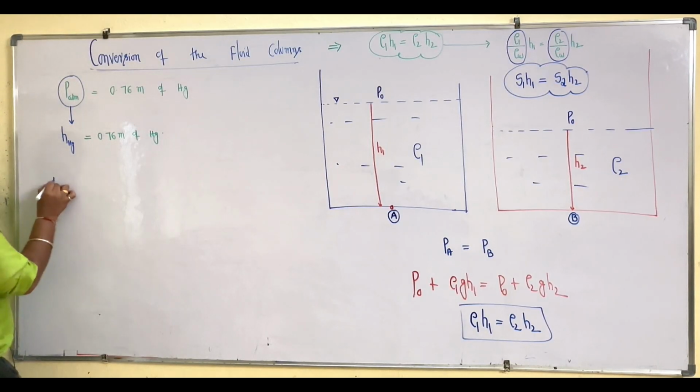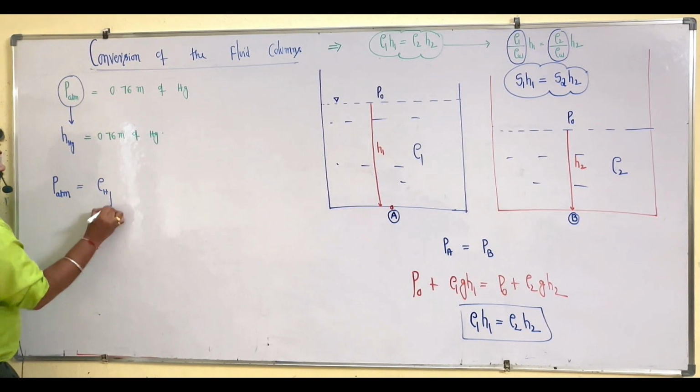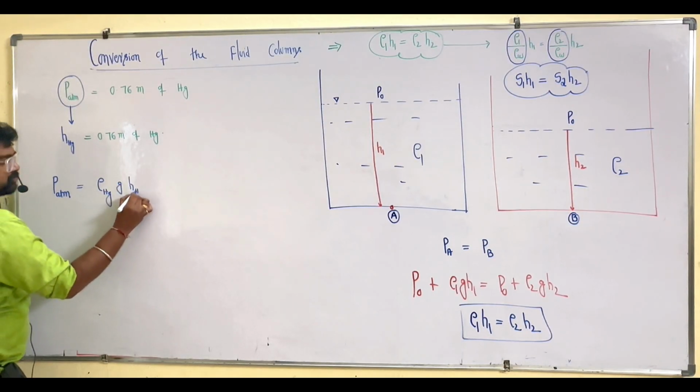What is the atmospheric pressure? Density of the mercury times g times H mercury.